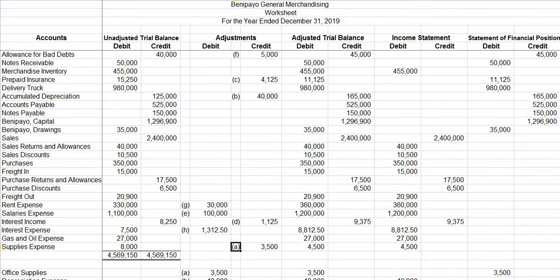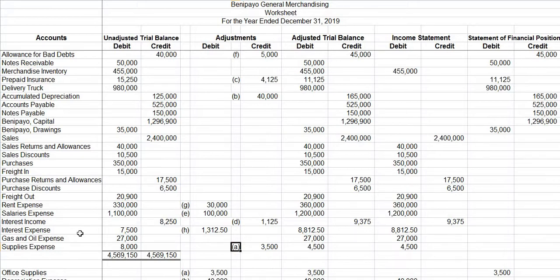Let us assume further that the second adjusting entry has a debit to depreciation expense and a credit to accumulated depreciation in the amount of 40,000. Again, look for the account name depreciation expense here. Do we have it?